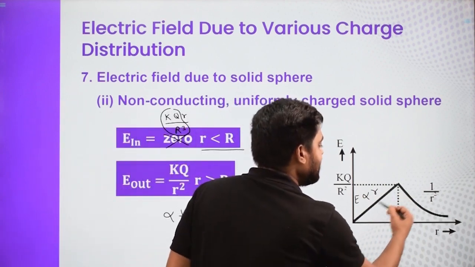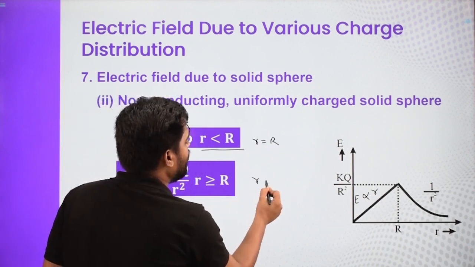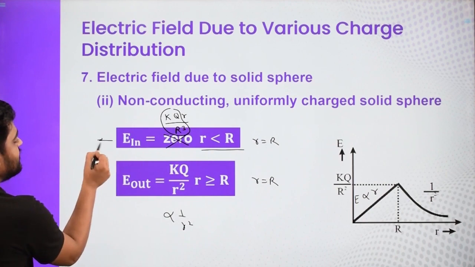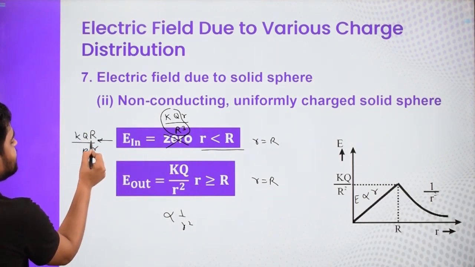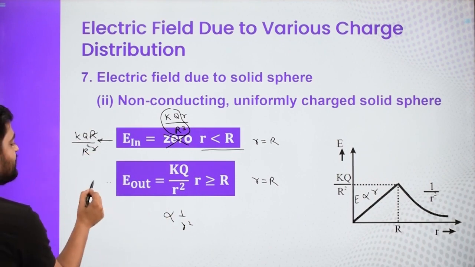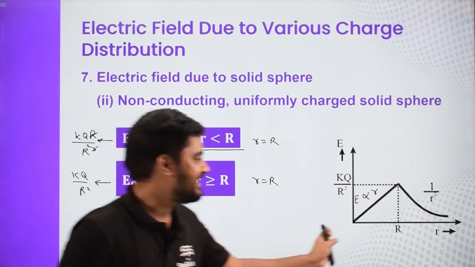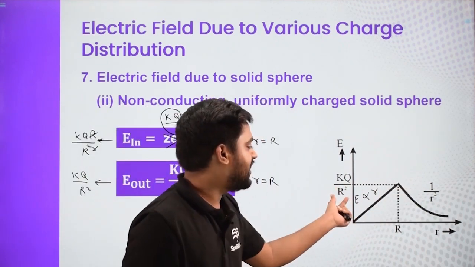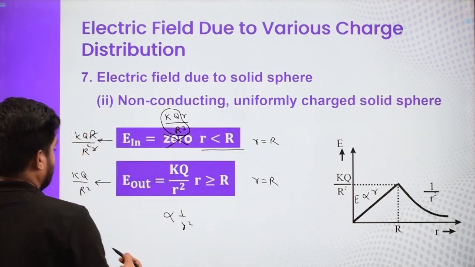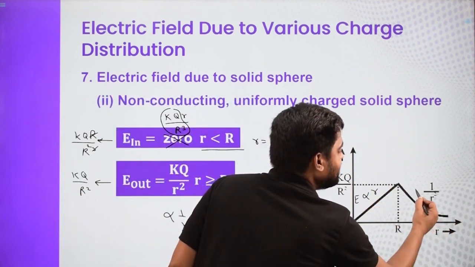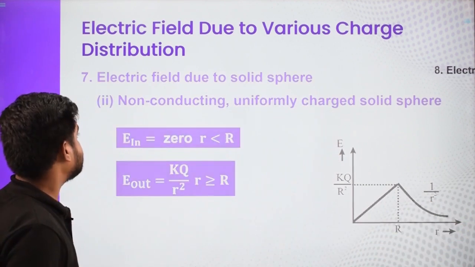So it will increase, and if you put small r equal to capital R in both of them, then the first becomes kqr by r cube, so that is kq by r square, and this also becomes kq by r square. So both the values match, so it rises all the way up to kq by r square, and then it decreases to 0 as it reaches towards infinity. The field is going to be 0.